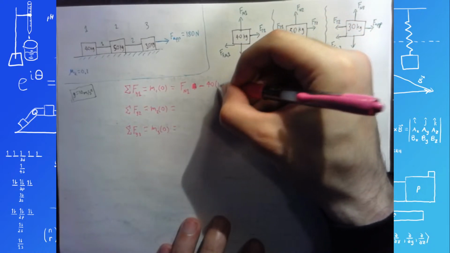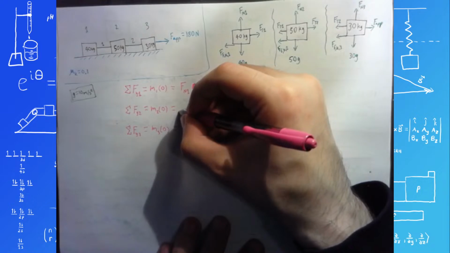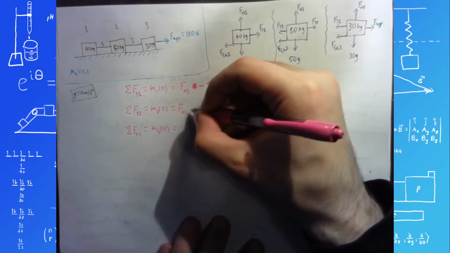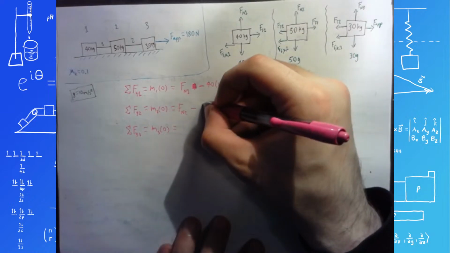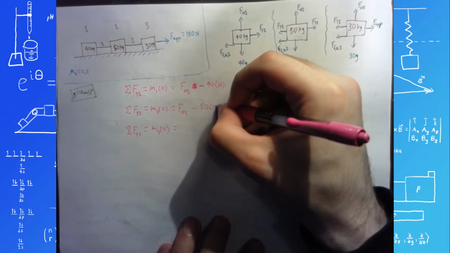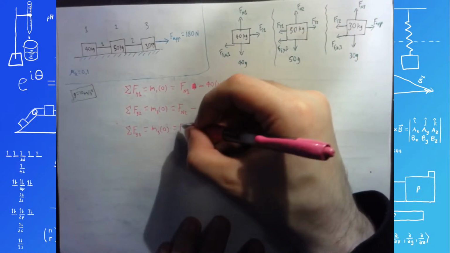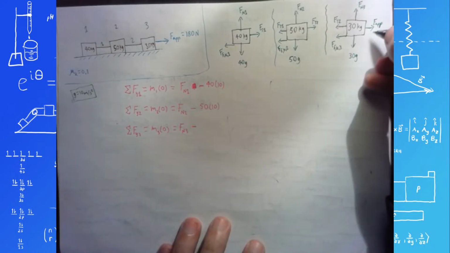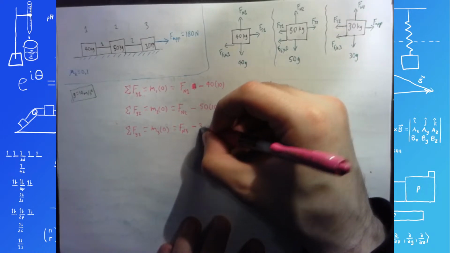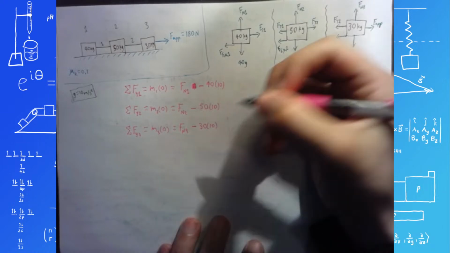I'm going to use 10 for g, so 40 times 10. Normal force 2 minus m2g, so that's 50 times 10. And normal force 3 minus m3g, so that's going to be 30 times 10.